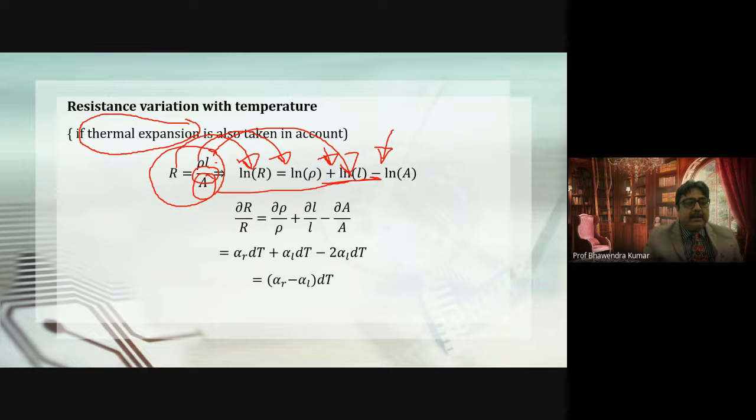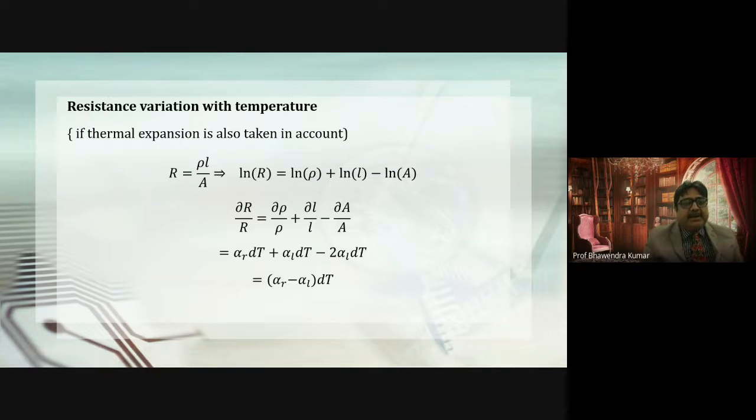Is that clear? When we differentiate both sides, ln R becomes dR by R, ln rho becomes d rho by rho, ln L becomes dL by L, and ln A becomes dA by A. Now, d rho by rho will represent the thermal coefficient of resistance, that is alpha R, into dt.